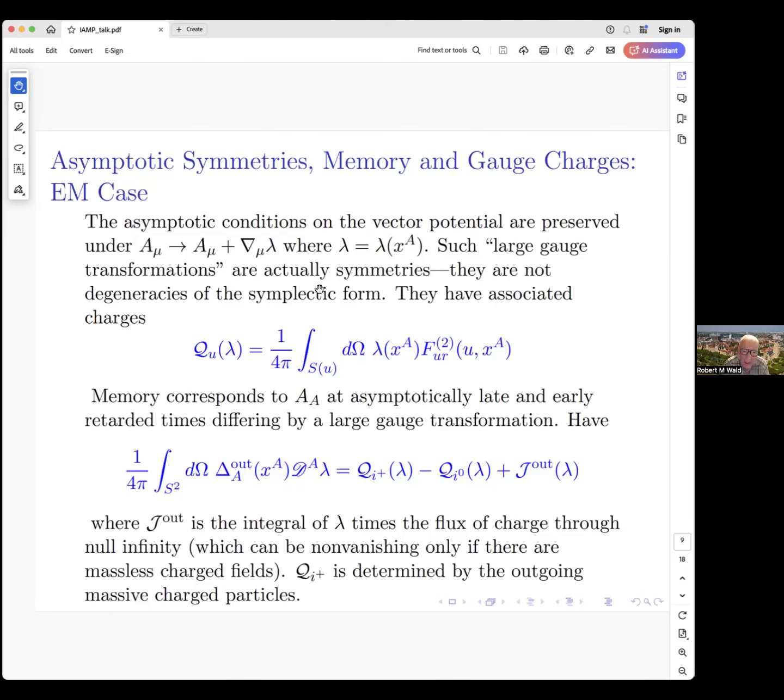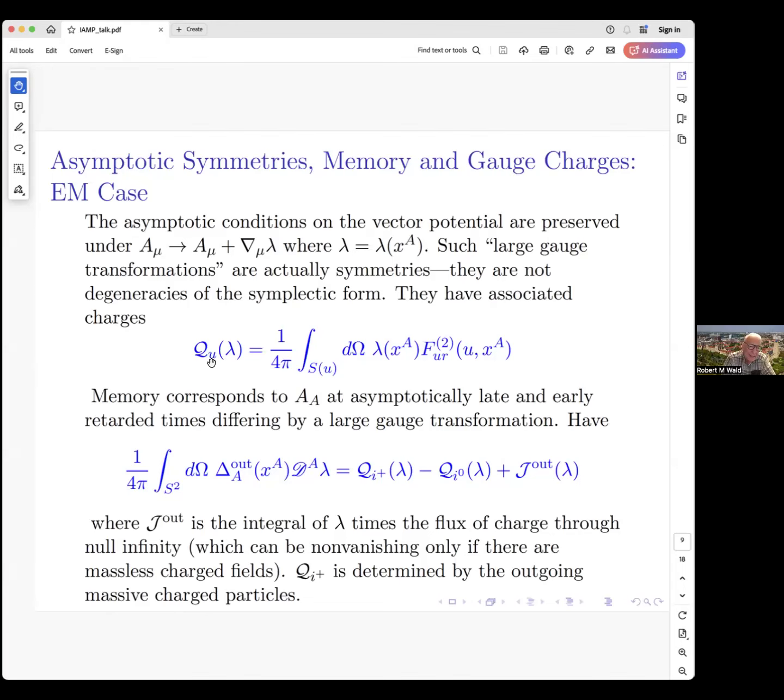Those need to be factored out of the phase space, and those don't count as states on their own or anything like that. But these large gauge transformations technically do. And an important associated fact is they have non-trivial charges associated with them.